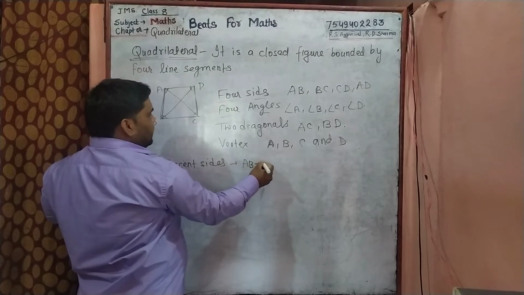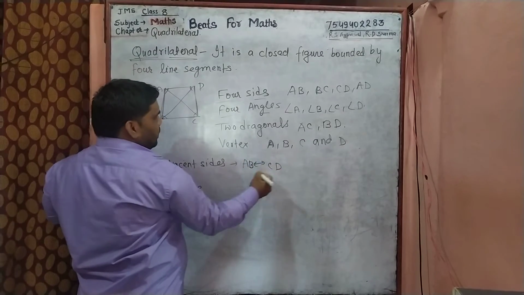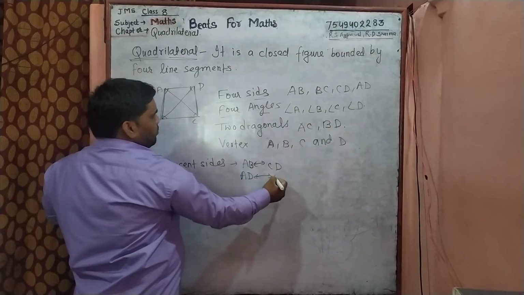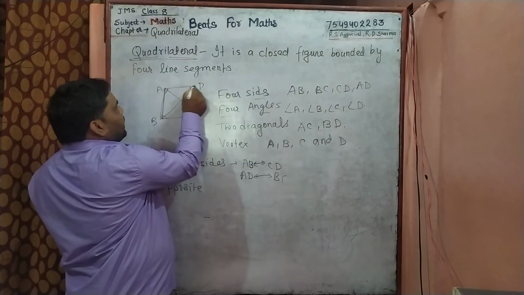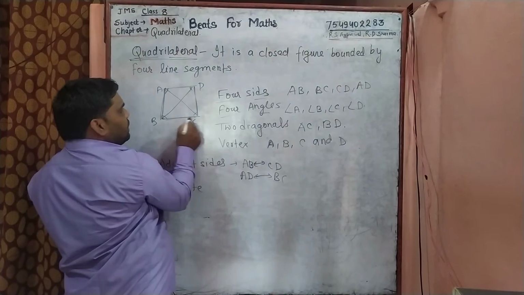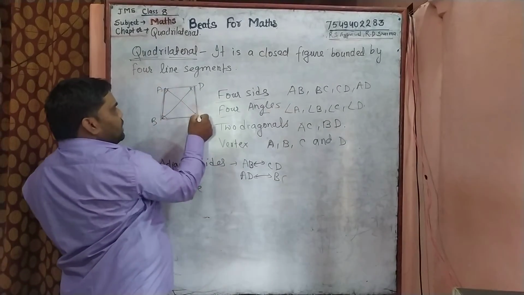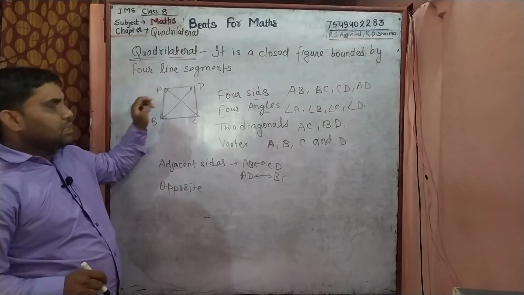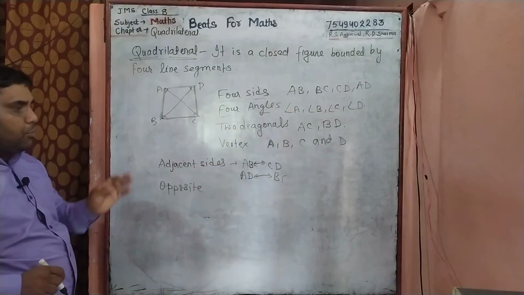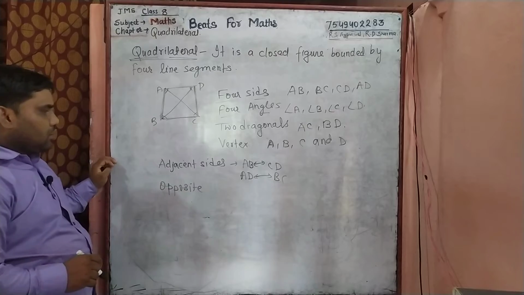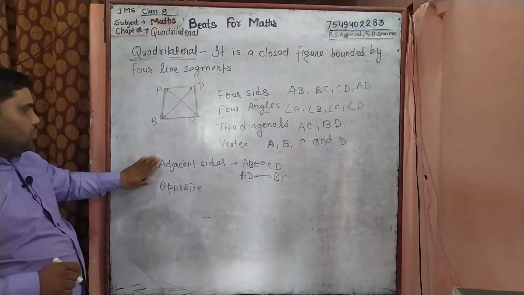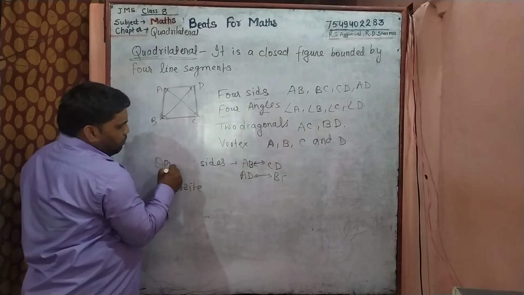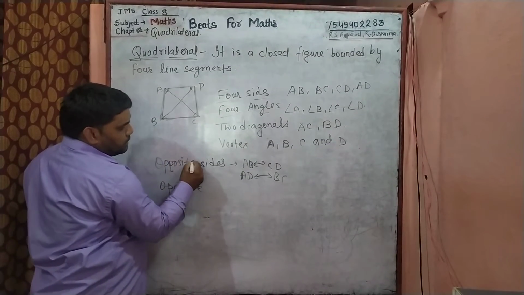AB's opposite side is CD and AD's opposite side is BC. These two pairs are the opposite sides.